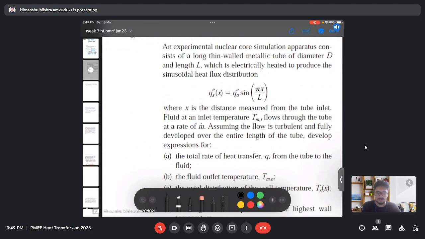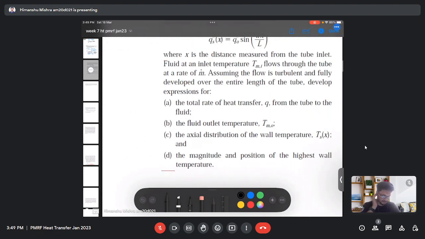Fluid at the inlet temperature flows through the tube at a rate of m dot. Assuming the fluid is turbulent and fully developed over the entire length of the tube, develop the expression for the total rate of heat transfer Q from the tube to the fluid, the outlet temperature, the axial distribution of the wall temperature, and the magnitude and the position of the highest wall temperature.